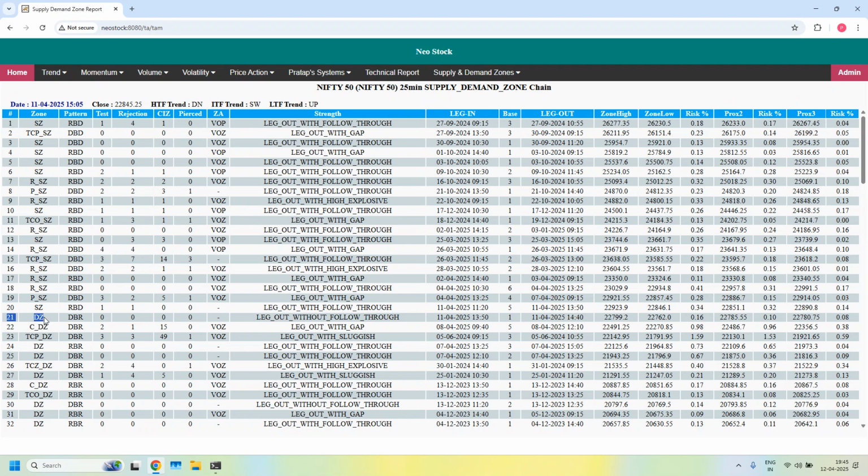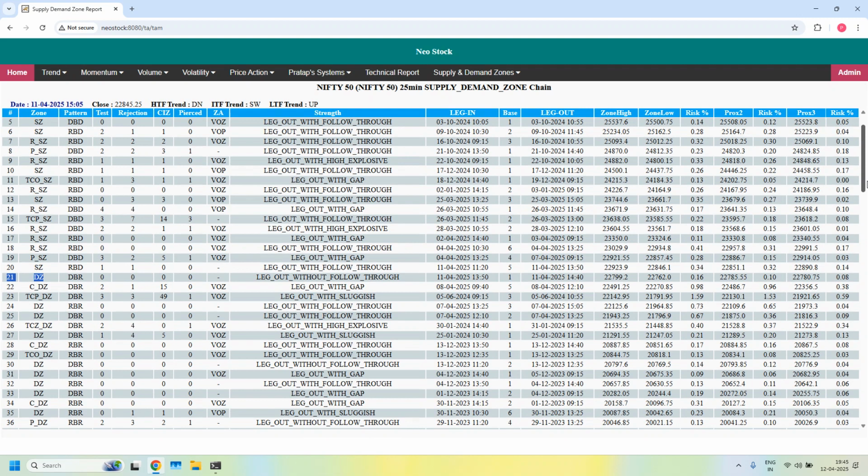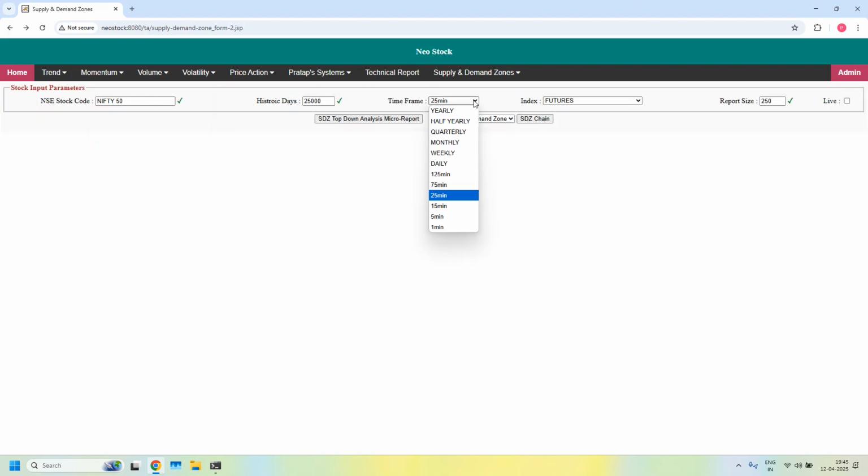Serial number 21 is the nearest demand zone to the current closing price. Let me put it in the center so that you see an equal number of demand and supply zones. Okay, next, generating the 15 minutes supply demand zone chain for NIFTY.